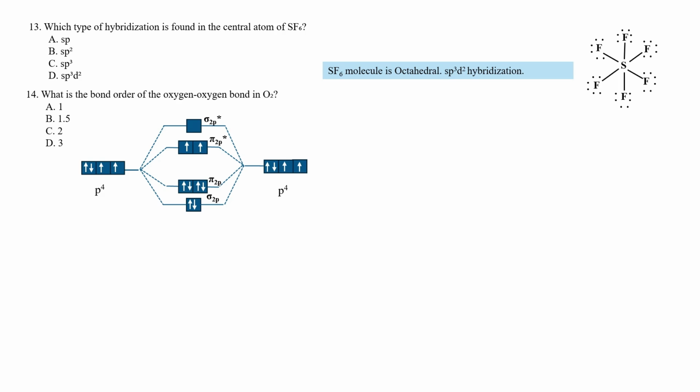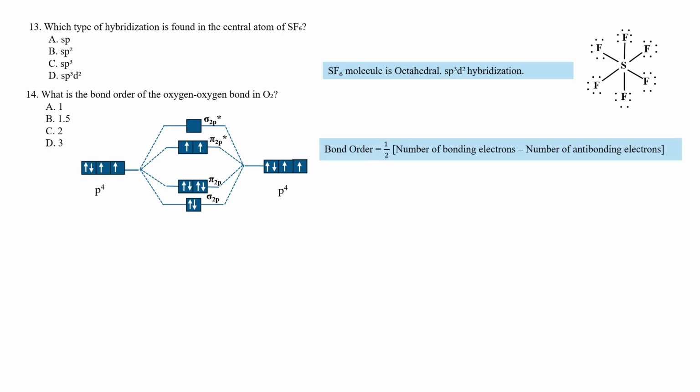Let's occupy the 8 electrons from the lowest energy molecular orbitals to the highest energies. After we occupy the electrons, there are 6 electrons in bonding molecular orbitals and 2 electrons in anti-bonding sigma*2p molecular orbitals.